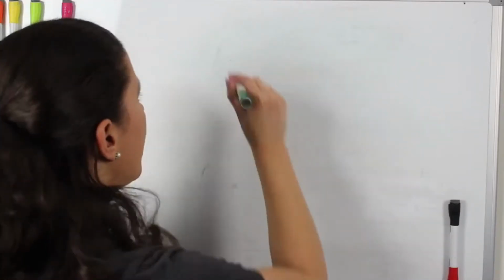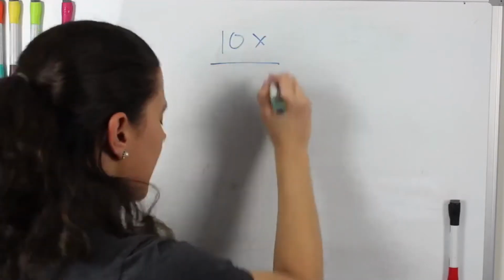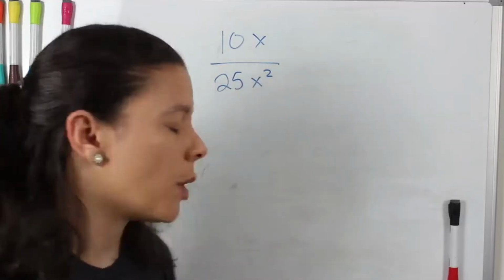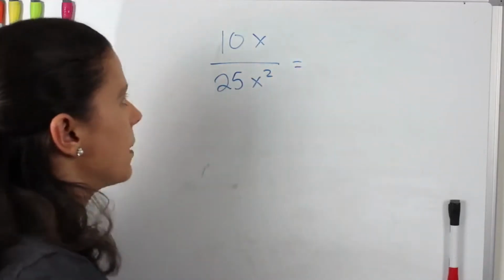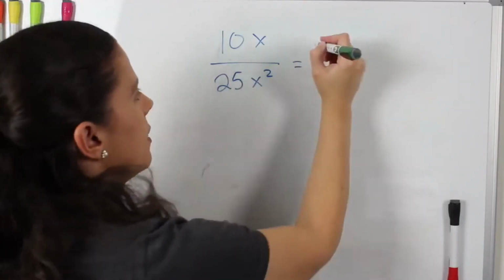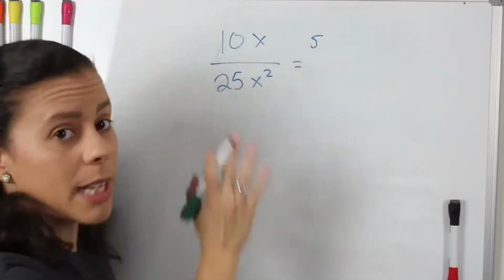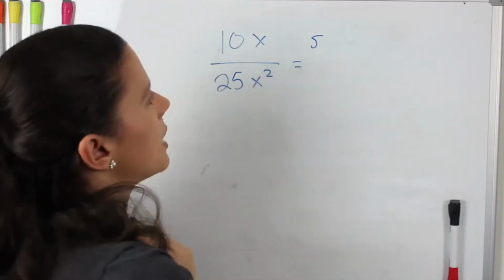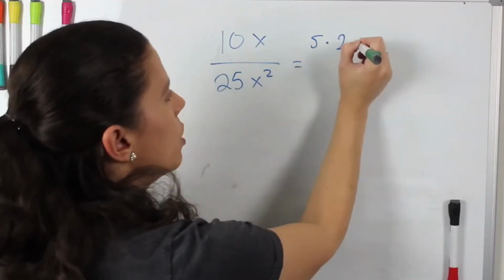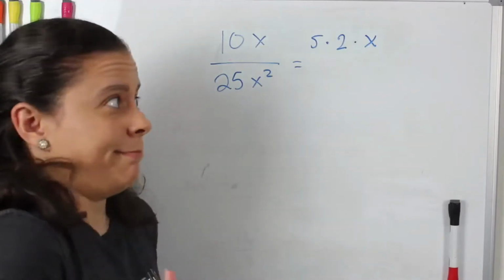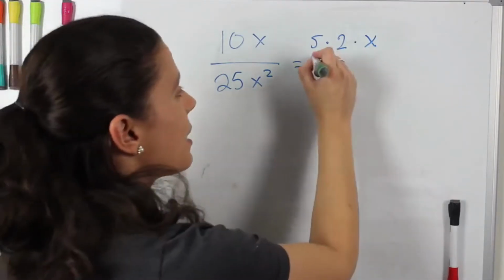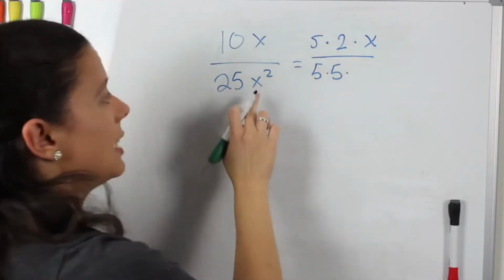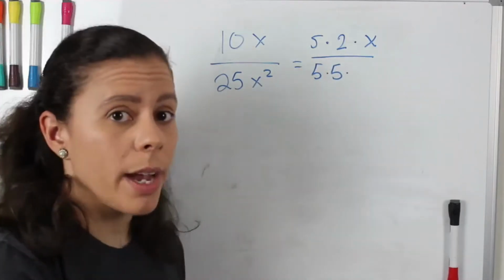So check this out. If I have 10x divided by 25x squared, and this is why I like the factoring version, I can rewrite this as 5 times 2 times x, because this is 10 times x, and we know that this is 25 times x squared. And we can rewrite this one as 5 times 5 times x times x, because x squared is x times x.